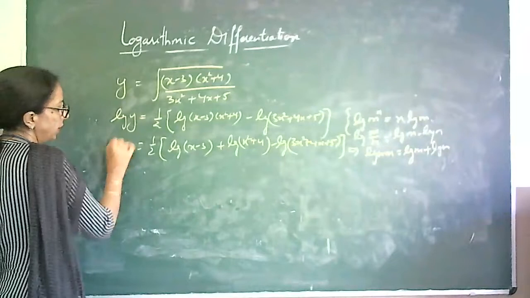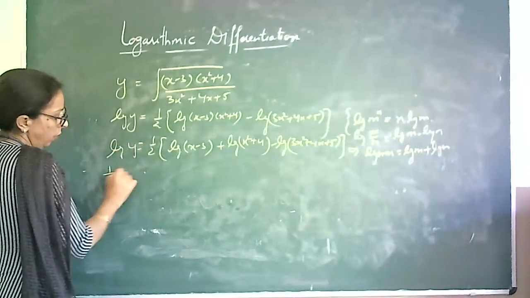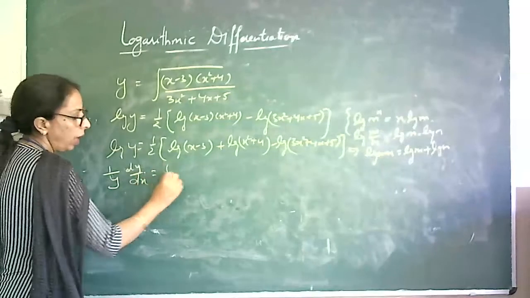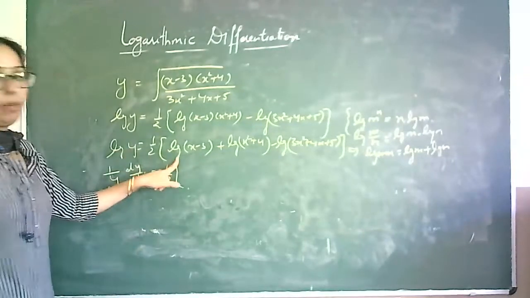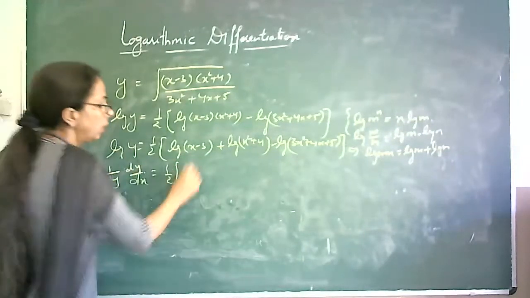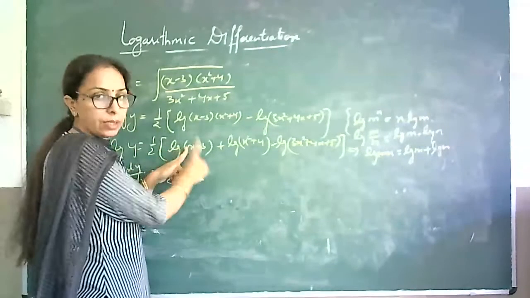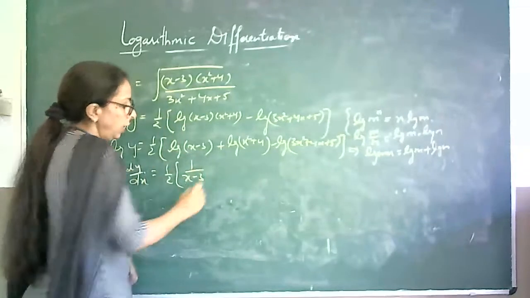Now differentiate it. Log y is equal to this. 1 by y dy by dx is equal to half. Derivative of log x minus 3 is 1 upon x minus 3, and derivative of x minus 3 will be 1. So it is as it is.